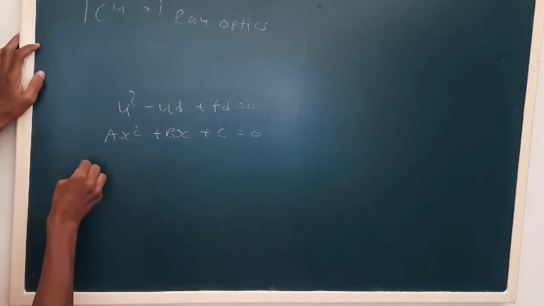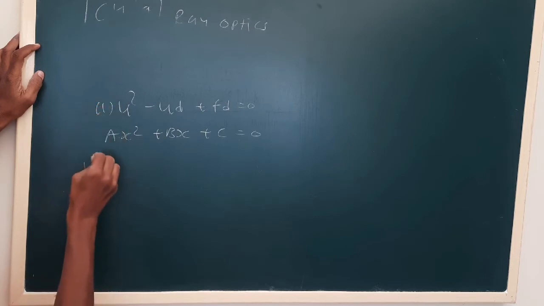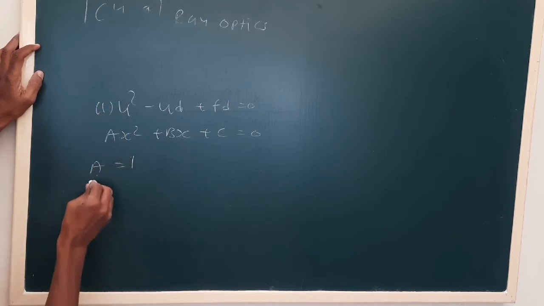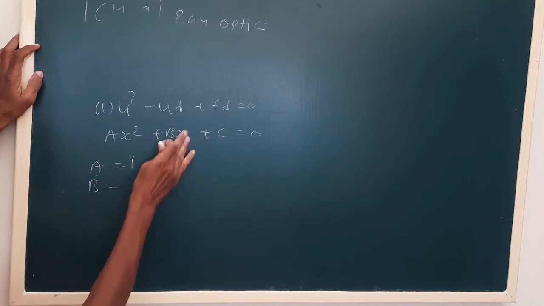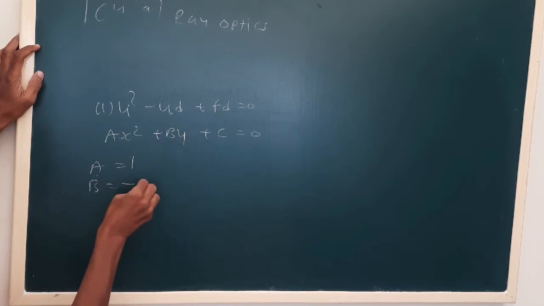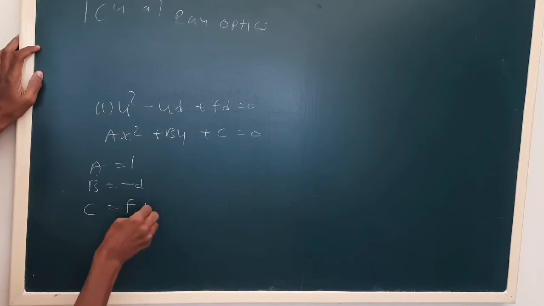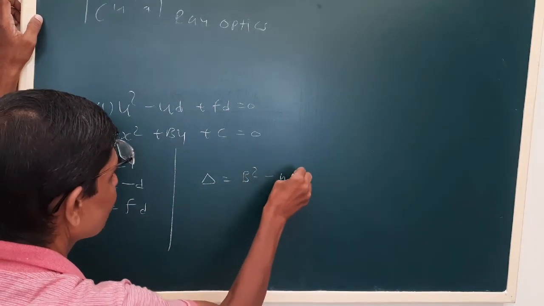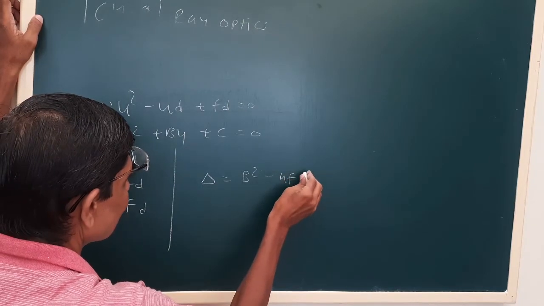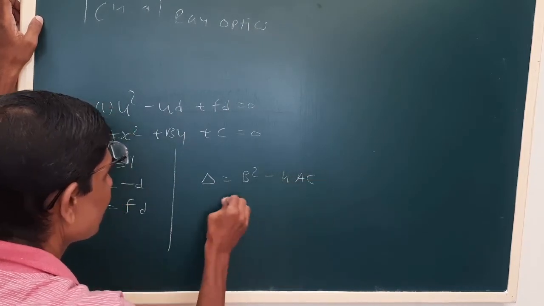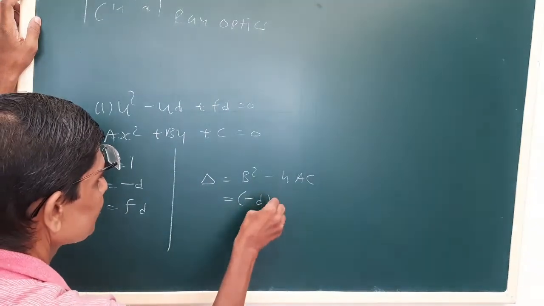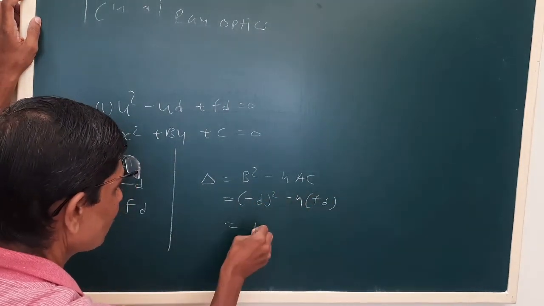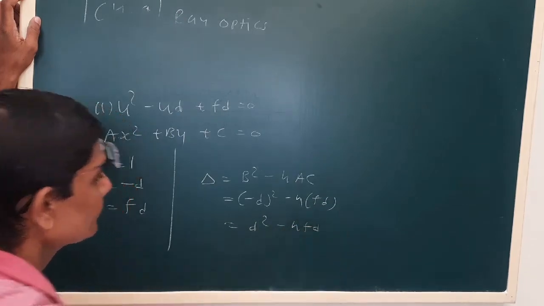Now the u square coefficient a is 1, the u coefficient is minus d, and c is fd. Now see, our delta is b square minus 4ac. Here b is d, a is 1 and c is fd. So it will be d square minus 4fd. Now root delta.